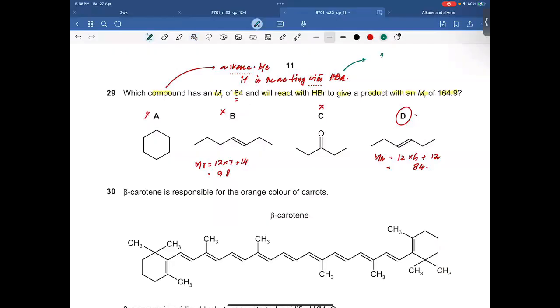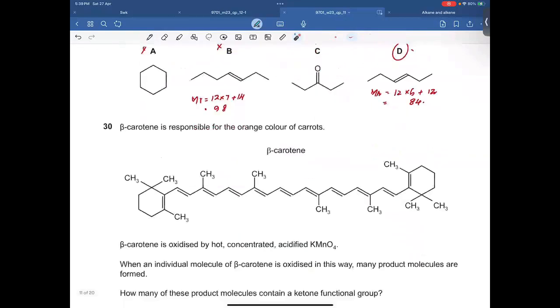Hydrogen is 1, bromine is 79.9. If you add these two values, it's going to be 79.9 plus 1, which is 80.9. So when you add 84 to it, you will get 164.9. So that was the MR of the product. That means it is an alkene, and it is reacting with HBr. I hope it makes sense to you. That's an easy question, by the way.